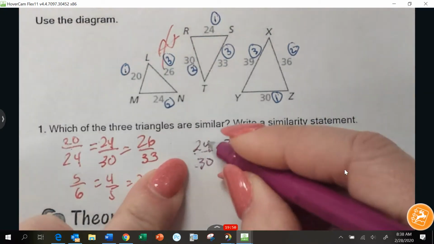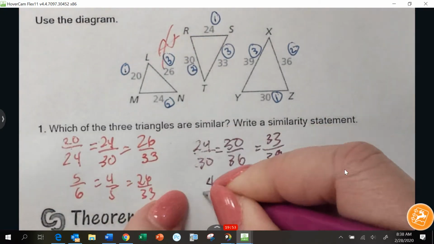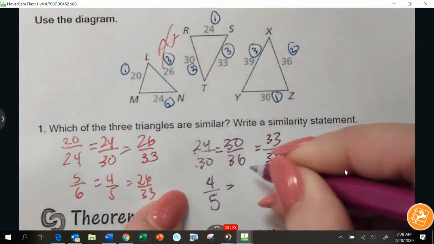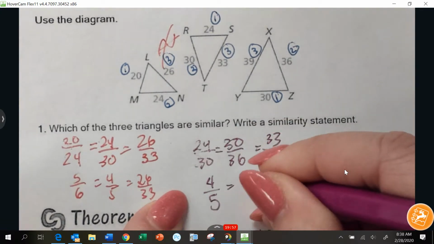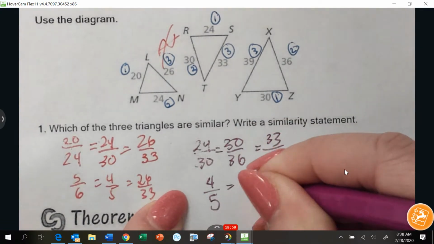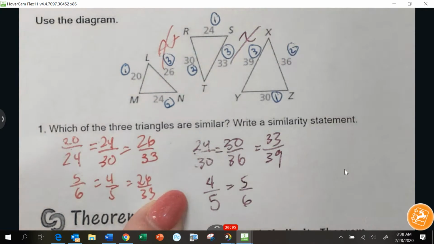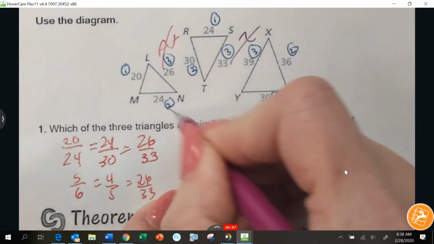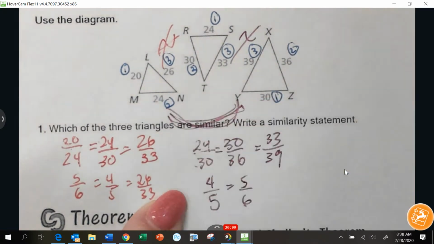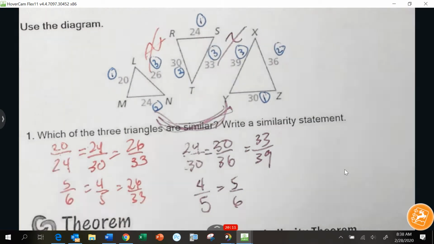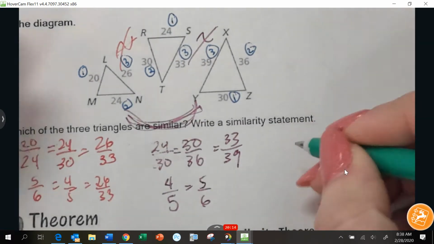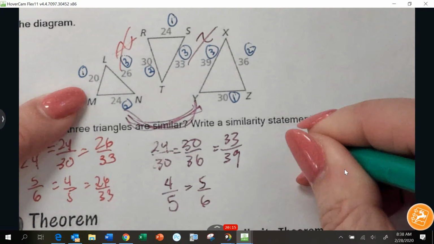I reduced 24 over 30, that's 4/5. 30 over 36 is 5 over 6. So maybe it's the last two that I didn't try yet. Of course, isn't that the way it goes? It's always the last ones you try, right? No? Just me? Okay.